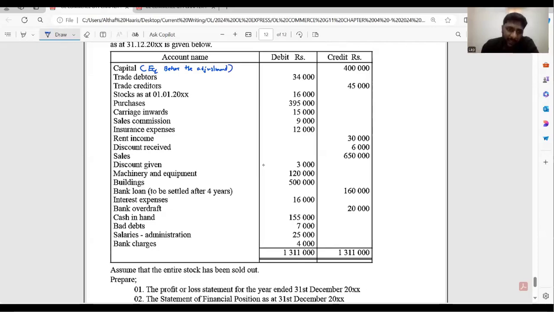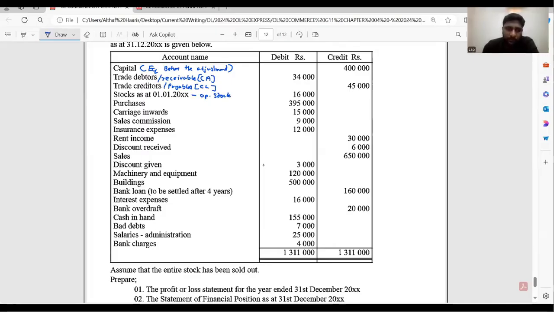Trade debtors, another name receivable. Receivable is a current asset. Trade creditors, payables, current liability. This is opening stock.